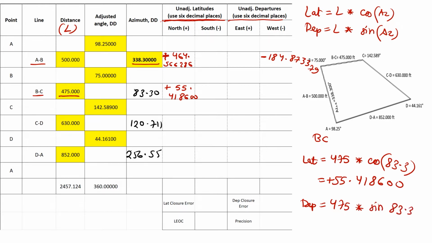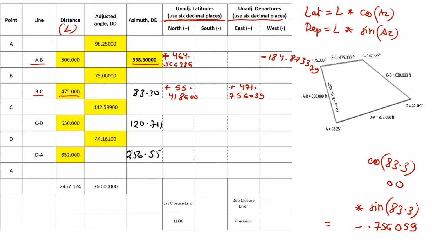The only thing that is changing is either sine or cos. So 475 times the sine of 83.3 gives you plus 471.756059. Again, it is positive, so I'm writing it in this column: 471.756059.